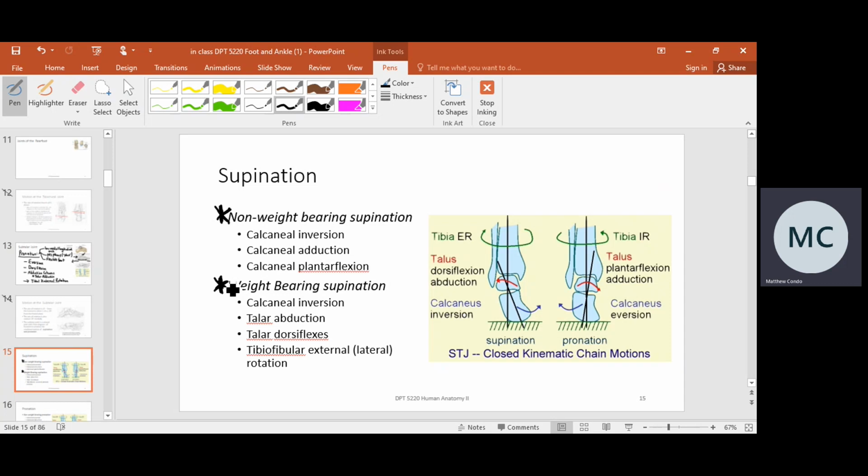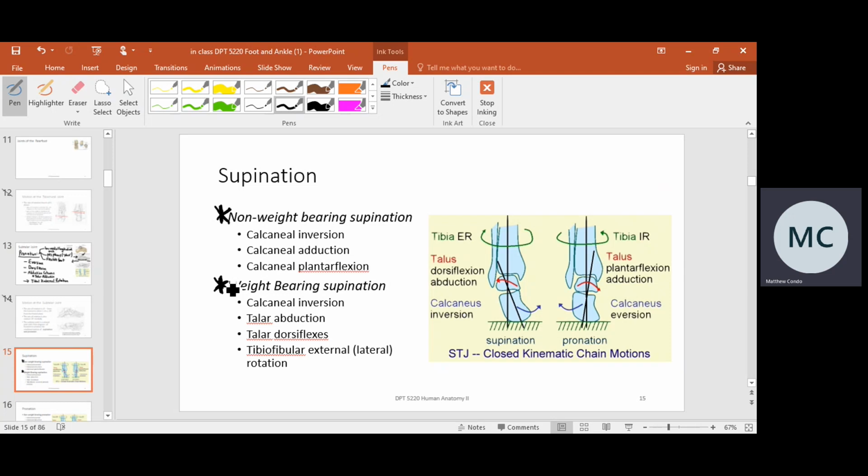Other bones are going to react to that, but we're going to have much more of that reaction, that whole chain deformity, whole chain motion, when we're in a weight-bearing position.